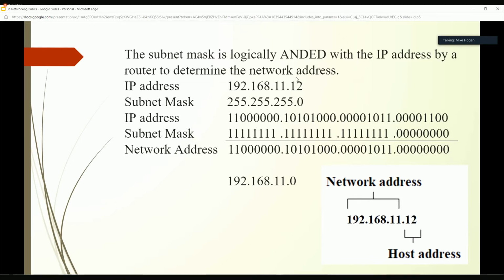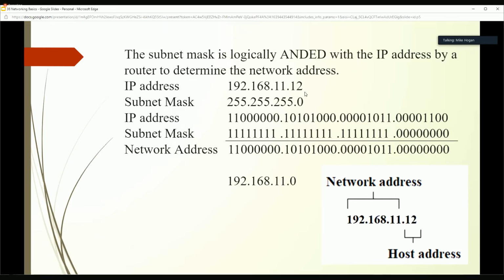Let's say that I wanted more networks with fewer bits. I can borrow some of these bits and create a different subnet mask, which would then identify that I can use some of these bits as my network as well, right?